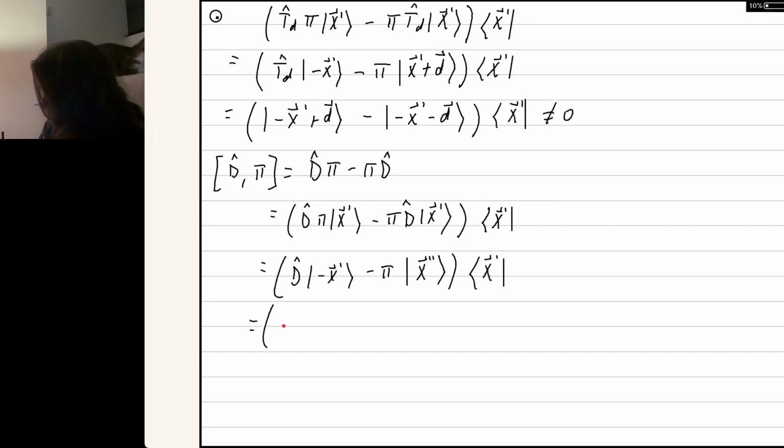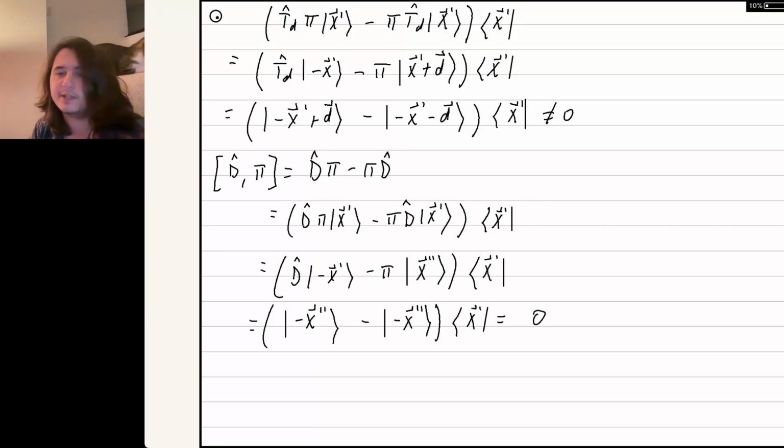Then again, when we rotate, the x is going to be pointing in a new direction, x prime prime still, minus, and then the parity is going to flip the sign of this state vector. In that case, we do actually end up having two of the same state vectors. So that is 0. So parity and rotation do commute.